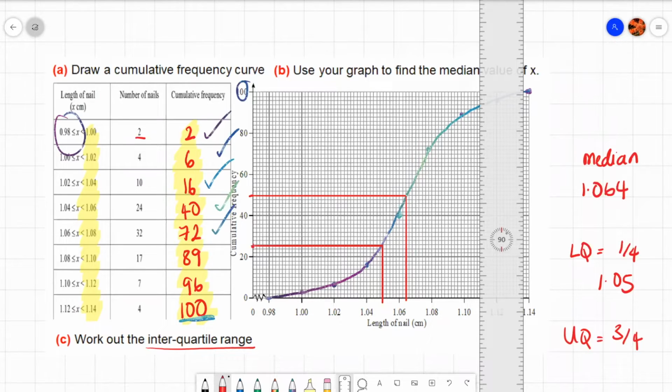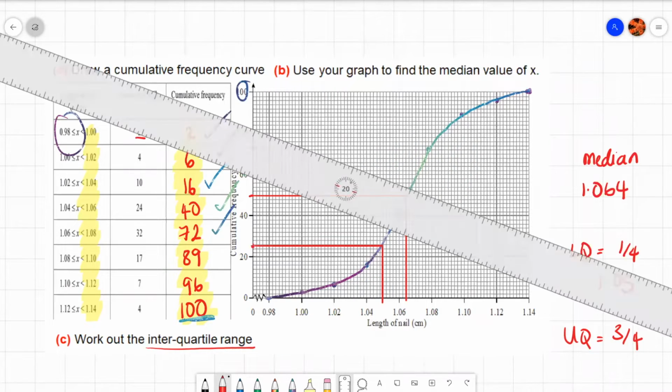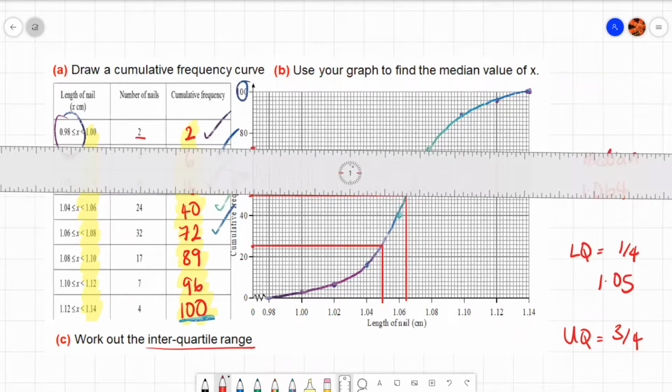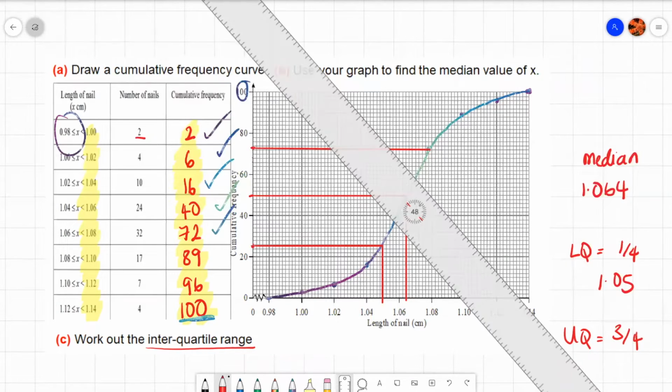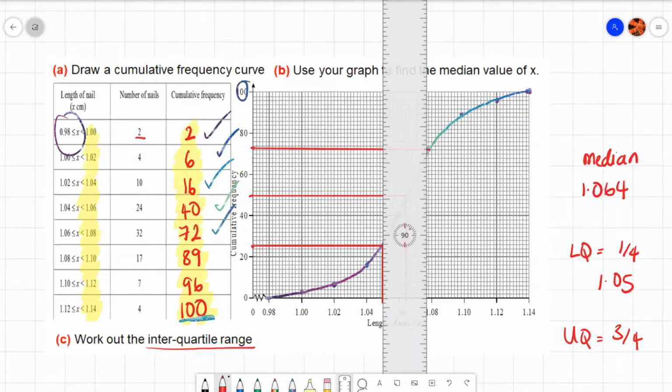Upper quartile then is 3/4 of your data. So 3/4 of 100 is obviously 75. So 60, 62, 64, 68, 70, 72, 74, 75 is about there. So let's have a look what we've got. Okay, and then I'm just going to put it around there.